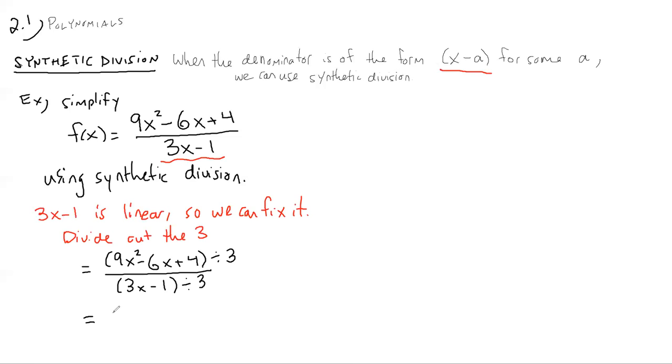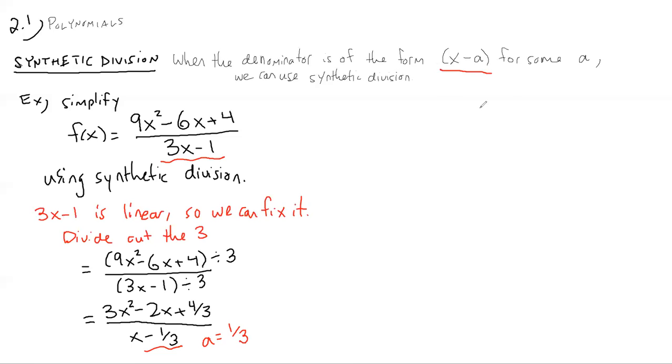And so if I simplify that, what I'll get is 3x squared minus 2x plus 4 over 3 by distributing that division by 3 across the top. And then x minus a third by distributing across the bottom. And so what we're going to have now is that my a is 1/3 to make it fit into that x minus a notation.